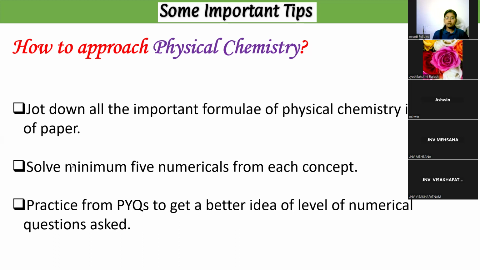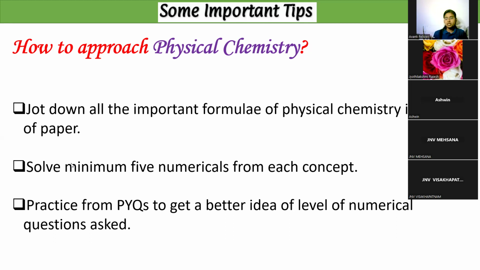So firstly, what you have to do for physical chemistry, you have to jot down all the important formulas of physical chemistry in a sheet of paper. Okay. So at the end of, if I am completing one lesson, you have to make a formula sheet for that particular lesson. And if you need any help, you can approach me. Okay, you can ask me in the class, ma'am, I need this, I need that. Can you help me with this?